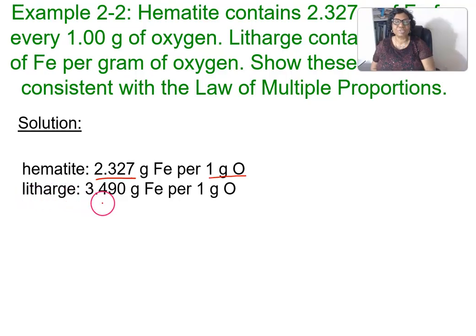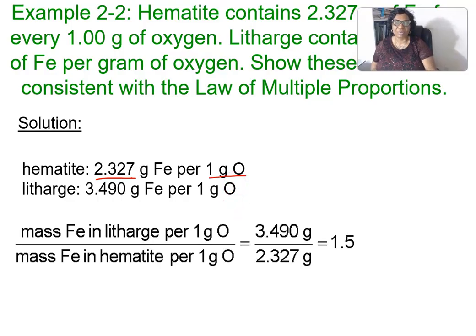In litharge, we have 3.49 grams of iron combining with 1 gram of oxygen. So the mass of iron in litharge per 1 gram of oxygen over the mass of iron in hematite per 1 gram of oxygen gave us 1.5.